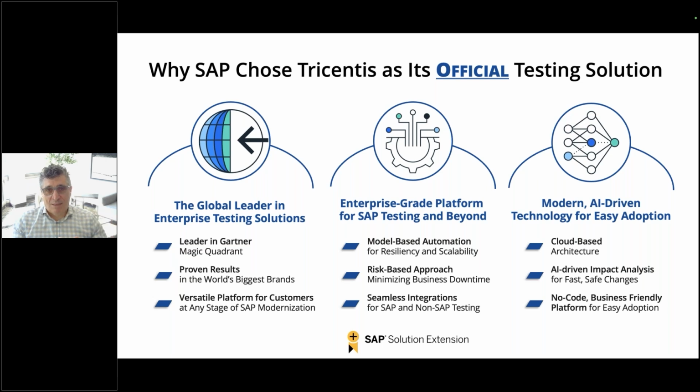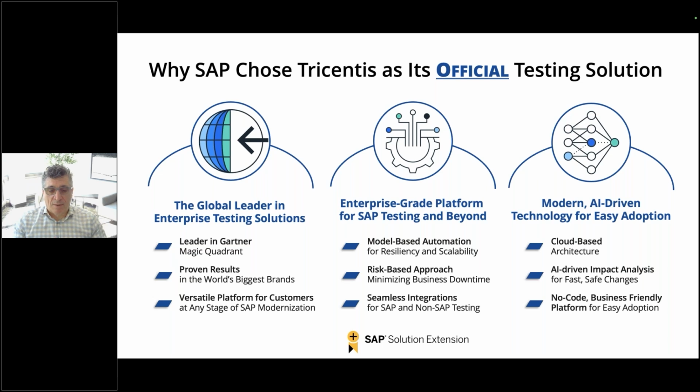And basically, SAP saw massive growth in this particular solution from their customers and decided to make that extra investment to really get tight with Tricentis and promote it as the primary testing tool. And SAP does use Tricentis tools internally to do their own internal validation as well.